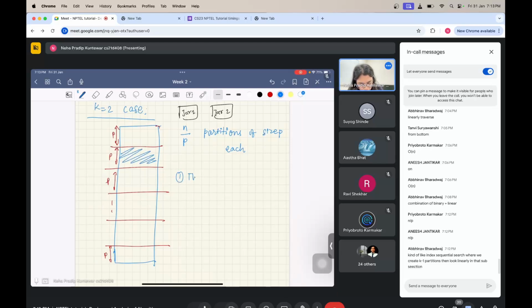So the idea is that, let me call these A1, A2, all the way up to A n over p. Throw the jar linearly at a1, a2, all the way up to a n over p, and stop when it breaks.